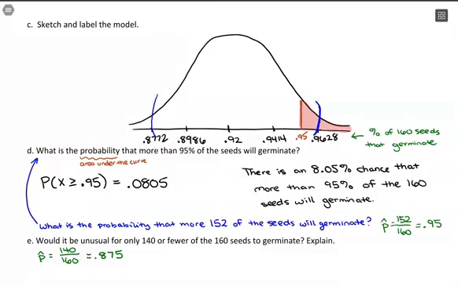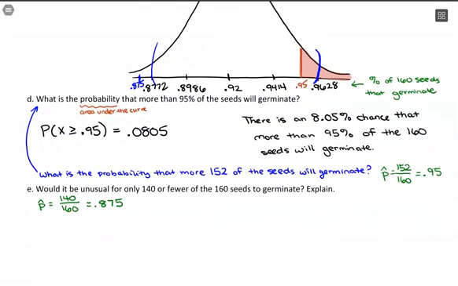When we talked about the empirical rule, there's about a 95% chance of landing between those values, so anything outside of there is considered unusual, and 0.875 is all the way out here. So we could answer it already if we wanted to. Would it be unusual? Yes, because it is more than 2 standard deviations away from the mean.